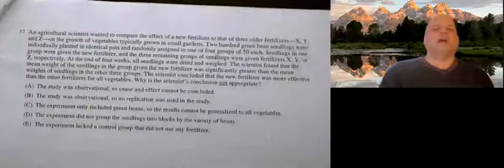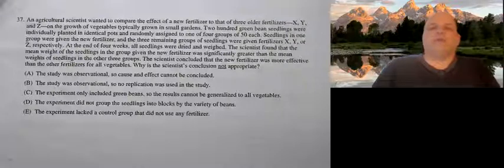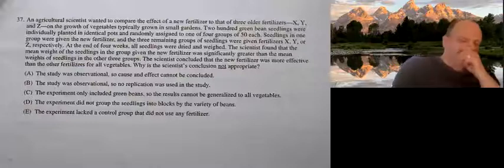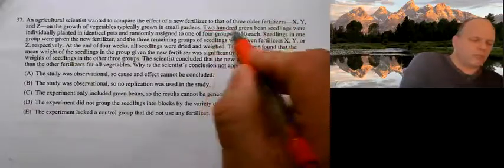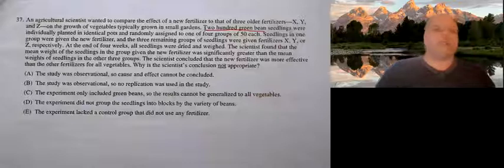37. An agricultural scientist wanted to compare the effect of a new fertilizer to that of three older fertilizers, X, Y, and Z, on the growth of vegetables typically grown in small gardens. 200 green bean seedlings were individually planted in identical plots and randomly assigned to one of the four groups of 50 each.